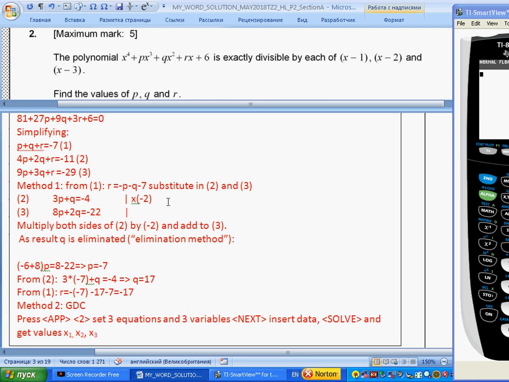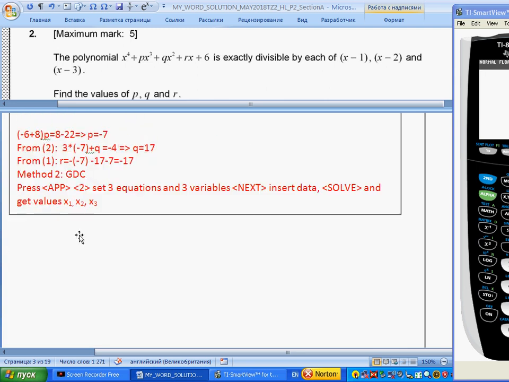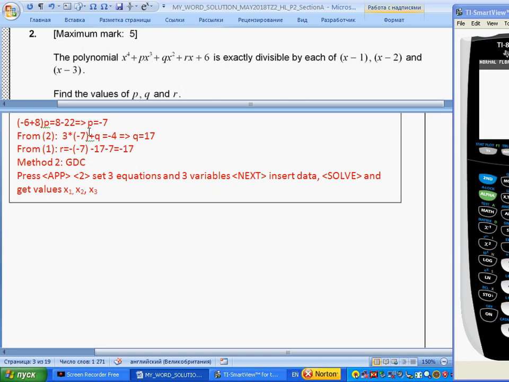If we multiply the second equation by minus q, we'll get minus 6p minus 2k equals 8. Add to equation 3 and you get rid of q. As a result you get this expression, and finally p equals minus 7. Then easily you can find q and then you can find r.